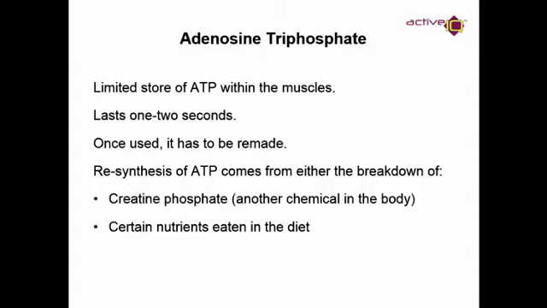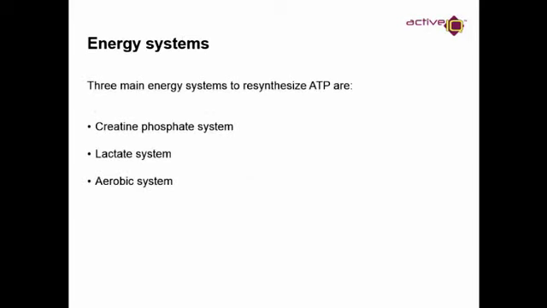There's only a limited amount of ATP within the muscles, and it can only be used for 1 or 2 seconds before we need to start recreating that ATP. So there's a tiny bit in there, but if we were to work all out for a couple of seconds, that's going to go straight away, and then we need to find different ways to recreate that ATP in the body.